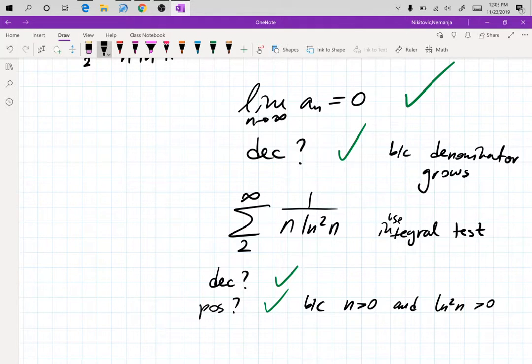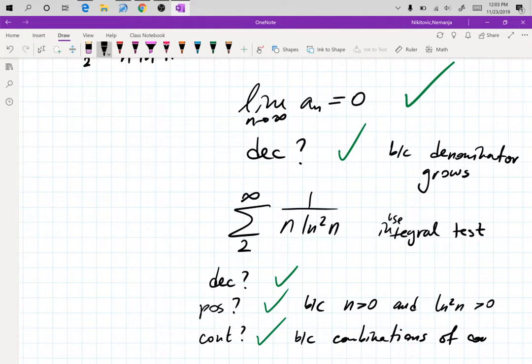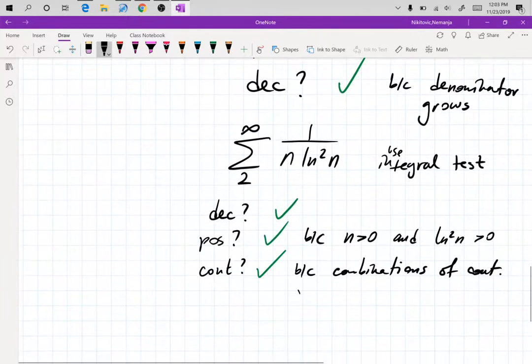So decreasing, positive, and then is it continuous? That's also yes, because combinations of continuous functions are continuous.